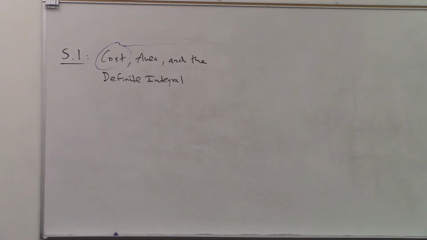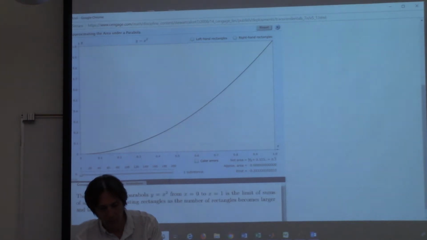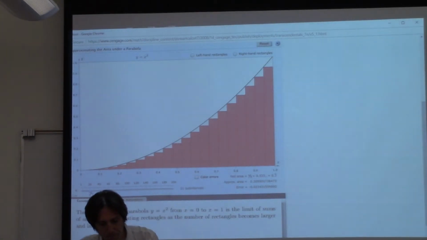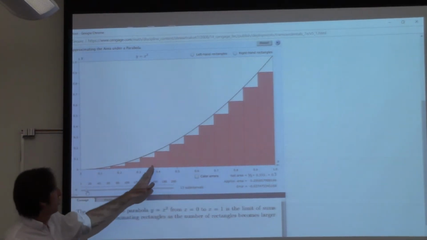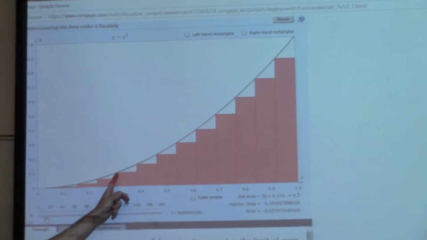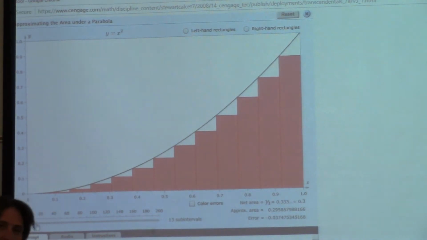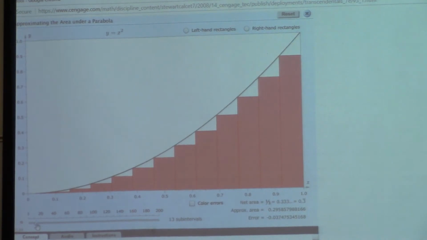If we look back at the front board before getting into this example, let me decrease the number of approximating rectangles for us here. This approximation right now is using left endpoints of the subintervals in order to get the heights. And so that corresponds to our first approximate cost computation.